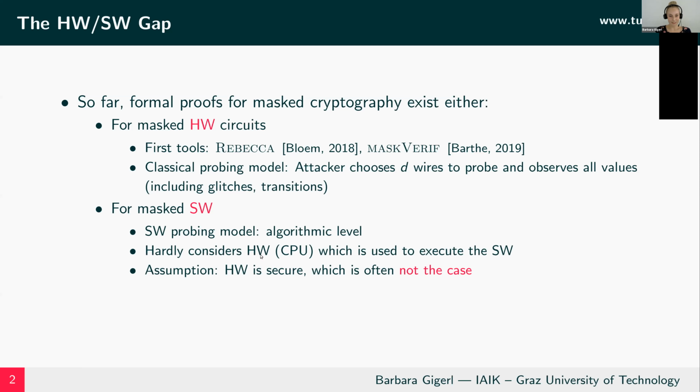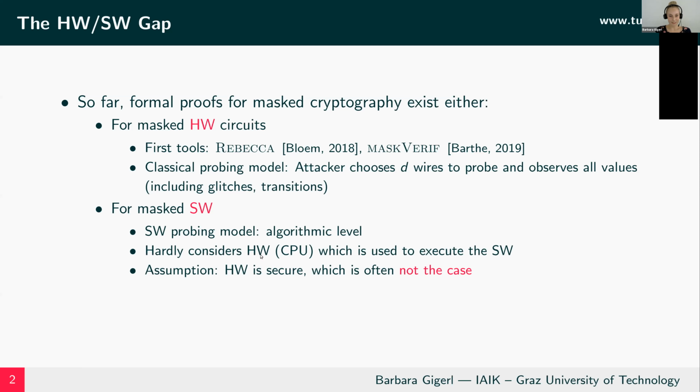Now let's look at one specific example, which we have in almost every processor. We have a register file, and the register file can be a threat to your masked software. This is a good example of hardware which might reduce the security level of your masked software.